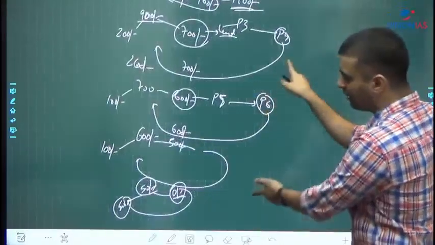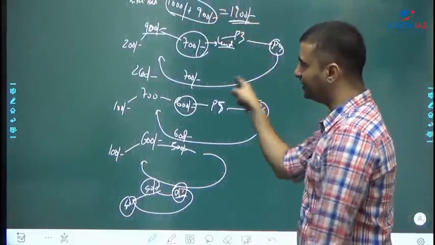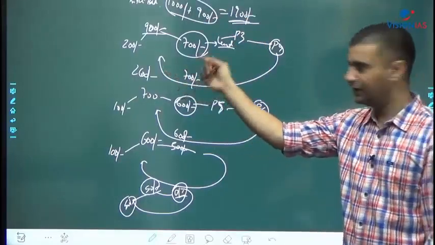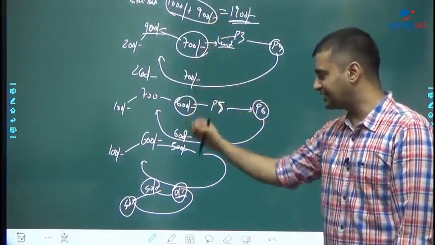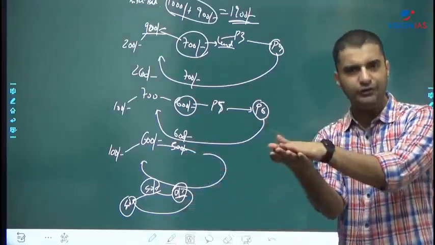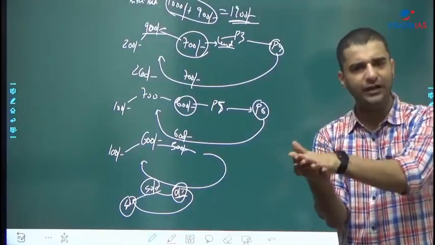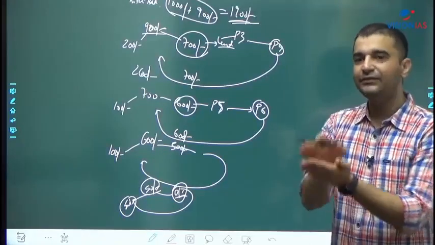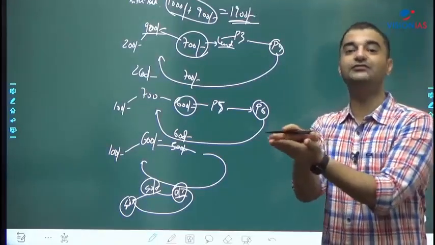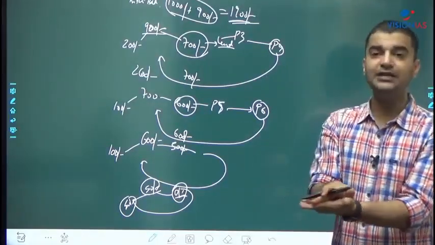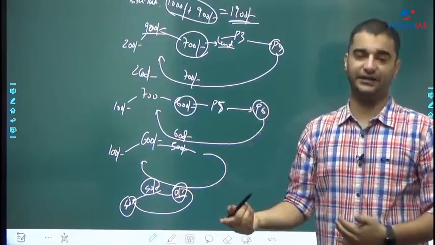In every round, the amount of money which is returning to the banking system is reducing. So eventually 900, 700, 600, 500, so on and so forth, eventually it will come down to zero. Eventually there would be some point where it will come down to zero. So then this money creation process will stop. This money creation cycle is not infinite.